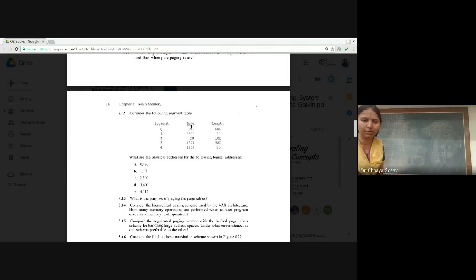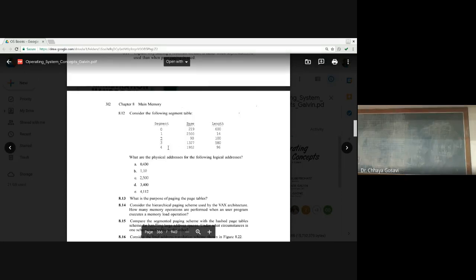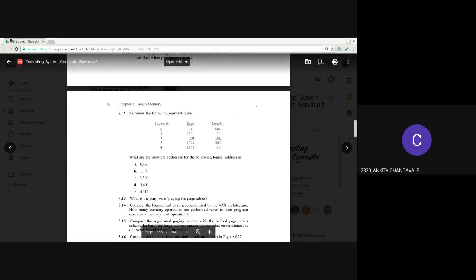It will be 649. Now for this segment 1, and how to check whether this address is within the limit or not? If it is less than length, then it is within the limit.